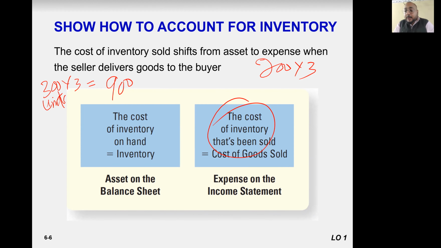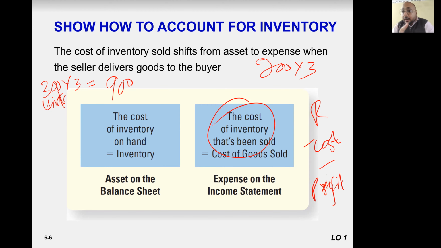Okay, so the idea behind is that whatever we sold, all right, so as a company, when I make goods, my idea is that I'm making these goods for selling purposes, right? So all those things that I make should go to the income statement because the income statement includes revenue minus cost is equal to your profit, right?